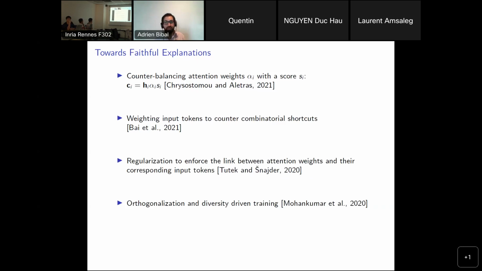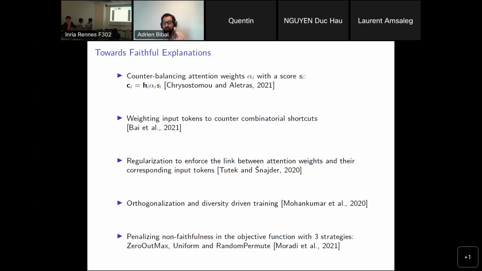And we can use different techniques like orthogonalization between the embeddings so that they're different than their context. We can add penalty terms to make them different from their context too. And we can even penalize non-faithfulness in the model.